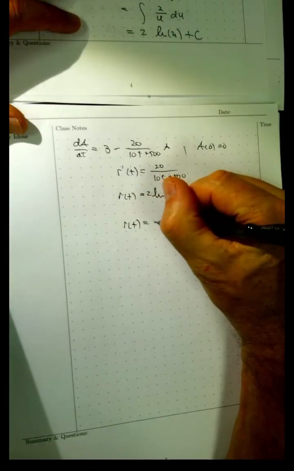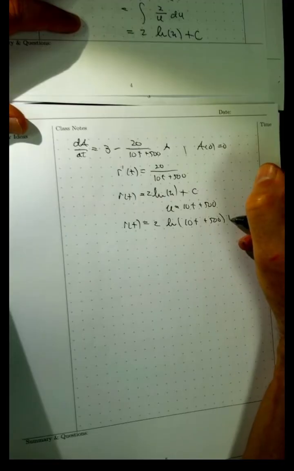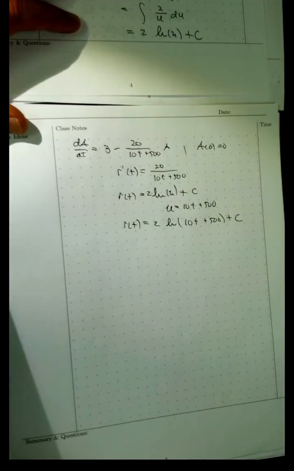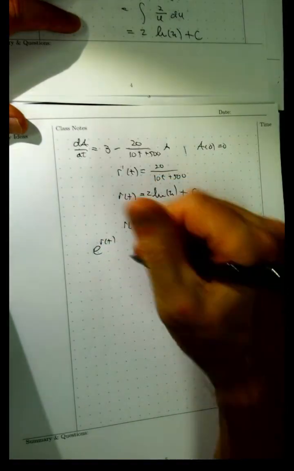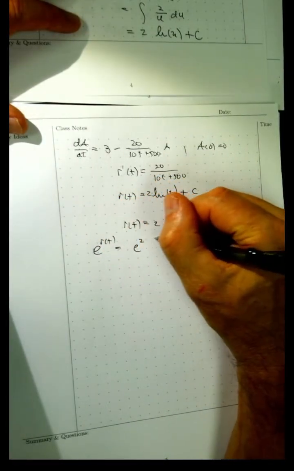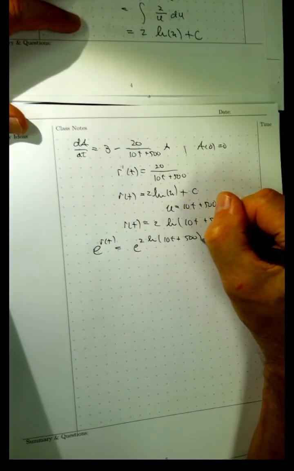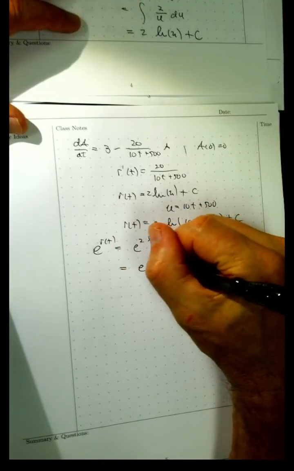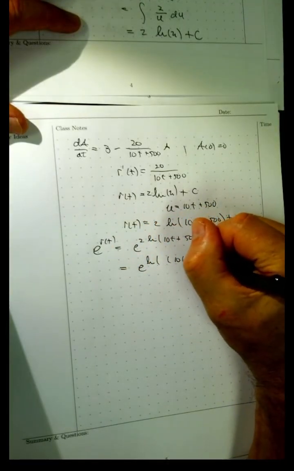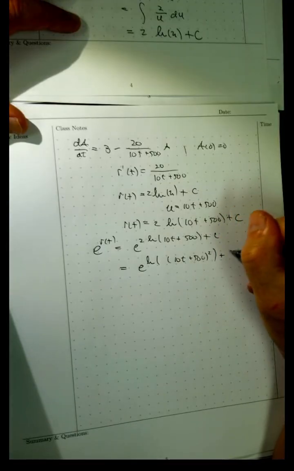So R of t is 2 log of 10t plus 500 plus c. My integrating factor is e to the R, which is e to the 2 log of 10t plus 500 plus c. I can bring that 2 up, so inside I've got 10t plus 500 squared plus c.